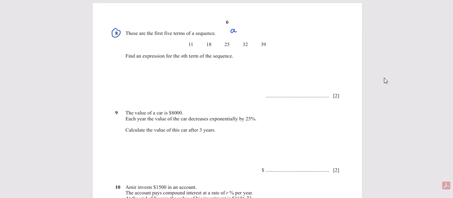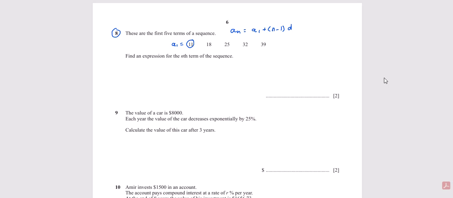Nth term formula is an is equal to a1 plus n minus 1 into d. Here an is the nth term, and a1 is the first value, a1 is equal to 11.